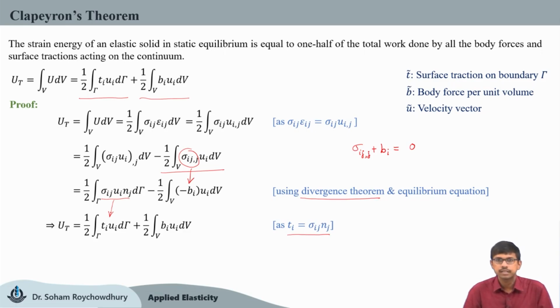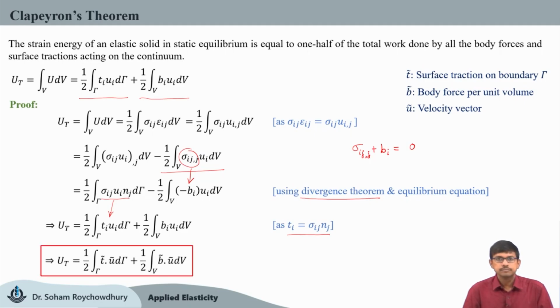So, this is nothing but the statement of Clapeyron's theorem. And in vector form, we can write Ut as half of integral T dot u integrated over the surface boundary plus half of integral B dot u integrated over the total volume of the material.